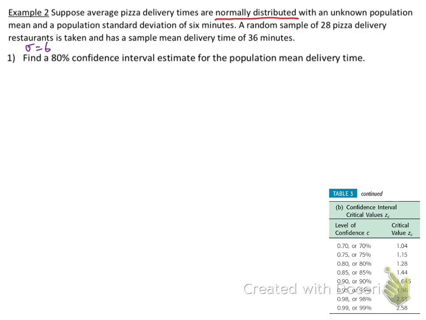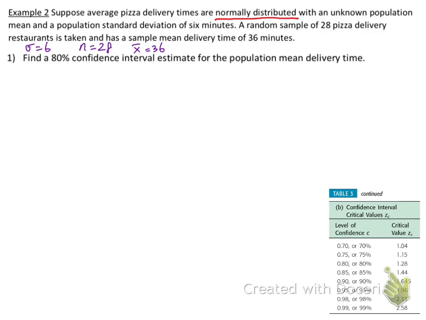A random sample of 28 pizza delivery restaurants is taken, so sample size 28, and has a sample mean delivery time of 36 minutes. So the x bar, the average from these 28 numbers, is 36.